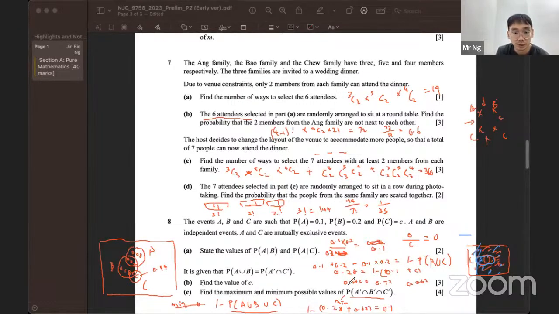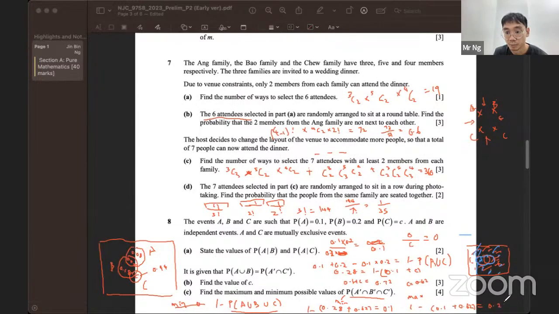So the maximum value is 1 minus 0.1. Note that the whole 0.18, the B intersect C, is contained inside C. That's why I will just add the 0.62, and that gives us 0.28.